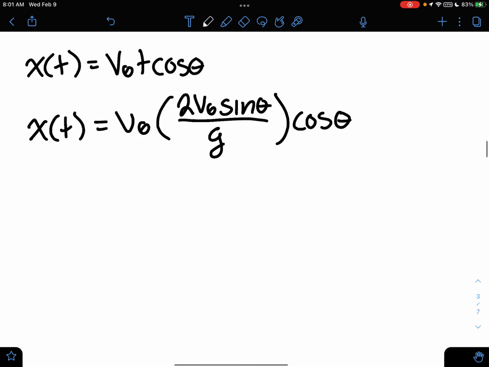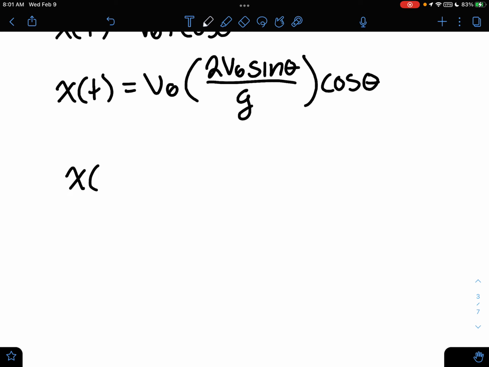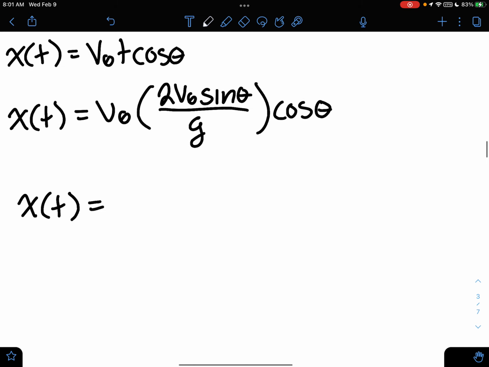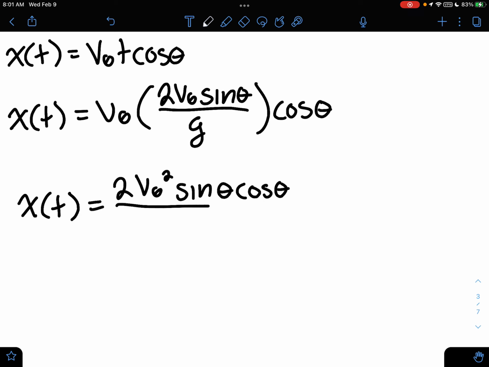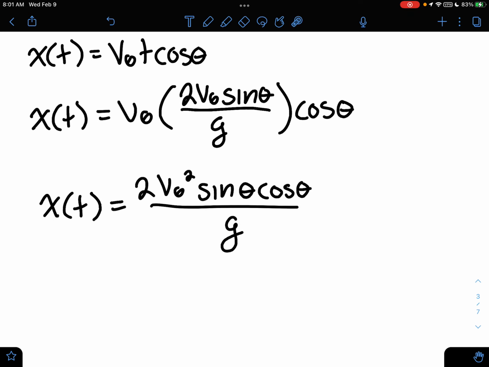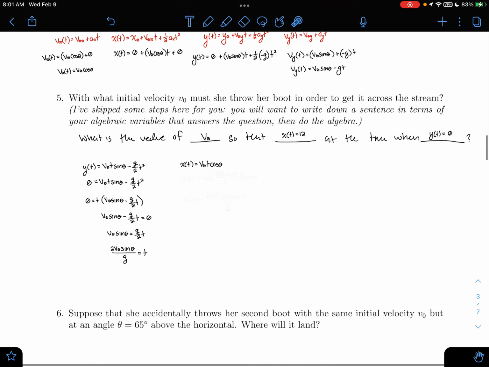I'm just going to simplify this real quick. x of t equals 2 v naught times v naught, which gives us v naught squared sine theta cosine theta all over g. Cool. So now we have something.